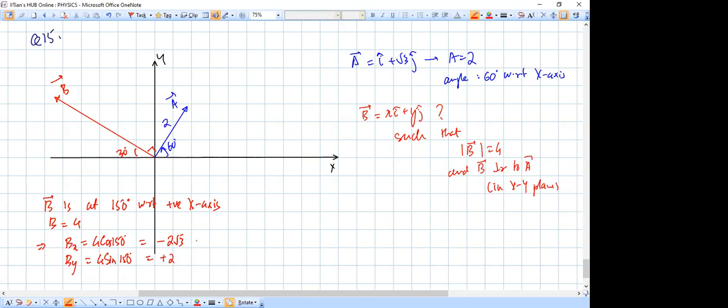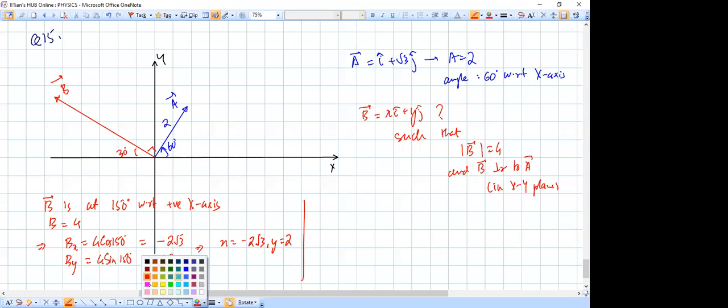So x will be minus 2 root 3 and y will be 2.